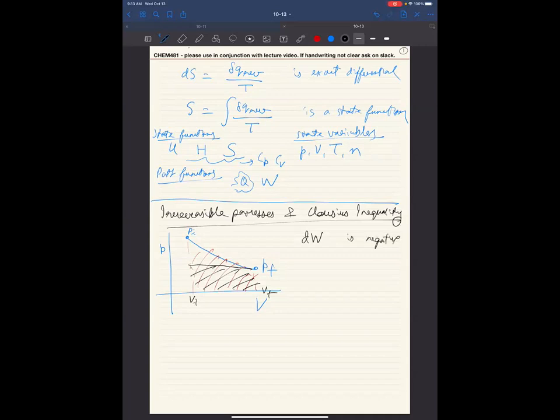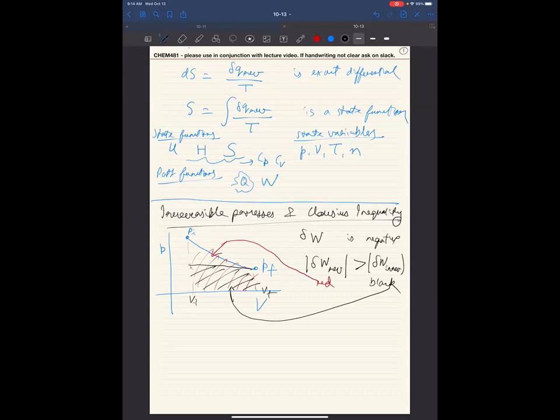So if I want to write down the work done in the reversible process, or actually, let's use the delta symbol just to be consistent. I can definitely say that |delta W reversible| is more than |delta W irreversible|, right? Because the reversible one is the red area while the irreversible one is the black area. But let's get rid of the modulus.